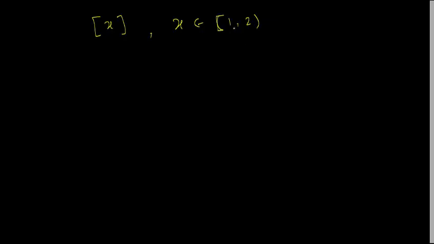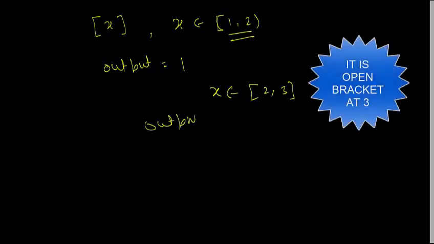If you take x as 1, you get 1, 1.2 again 1, 1.3 again 1, 1.5 again 1. So the output is always 1 for any input between 1 and 2. Similarly, if you substitute any value where x belongs to 2 to 3, its output will be just 2. Got it?